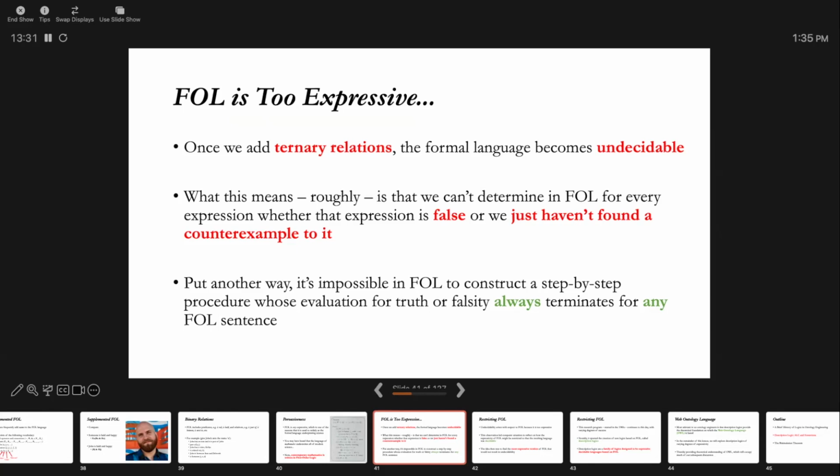Very good. Now, I said first order logic is expressive. It's one of the reasons it's so valuable. It is too expressive. It is so expressive that it is undecidable.